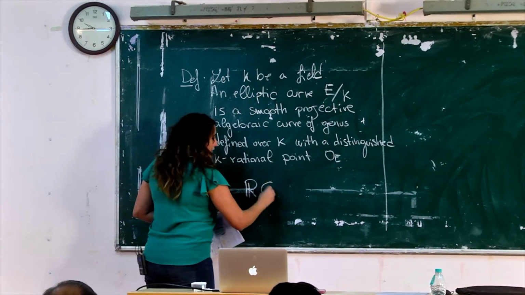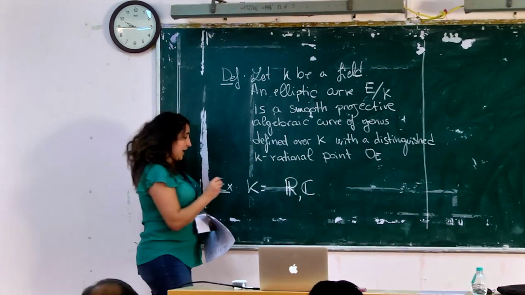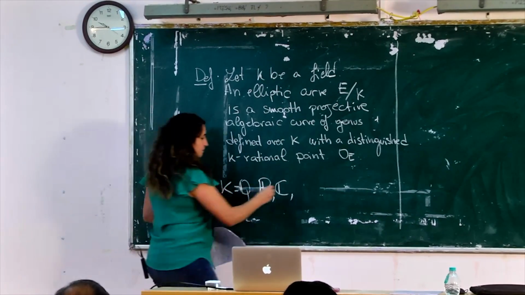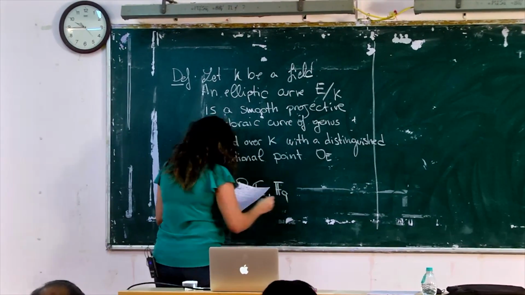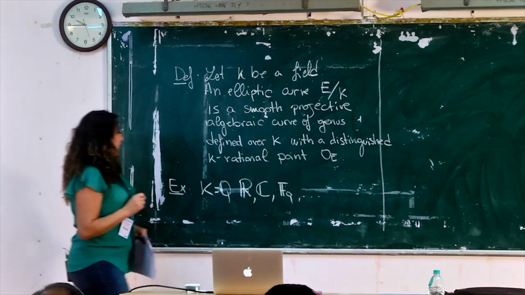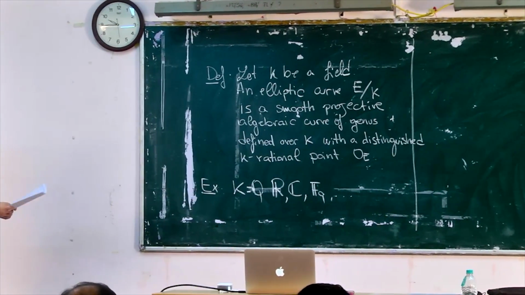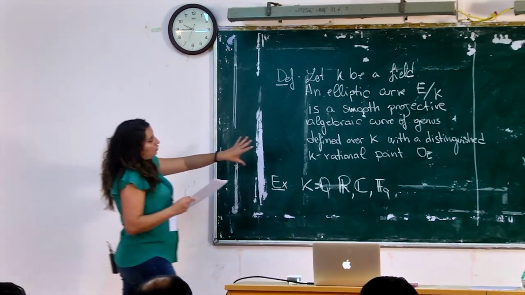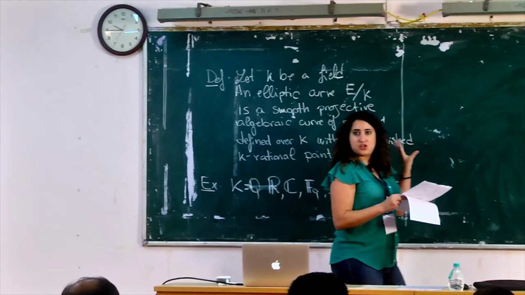Complex? Rationals? F_q? Okay, so these are the most standard examples, okay? So now we want to try to understand this definition, okay?